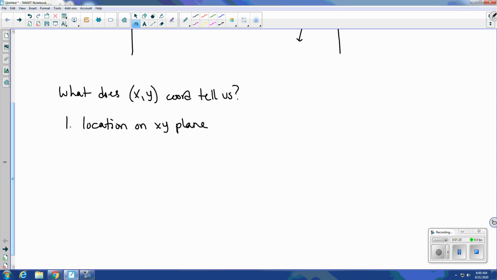When you're on a two-dimensional surface, like the xy plane, you only need two numbers to pinpoint your location. A real-life example is longitude and latitude. That will give you a location on the surface of the Earth, right? So any two-dimensional surface, 2 points gives you a location.